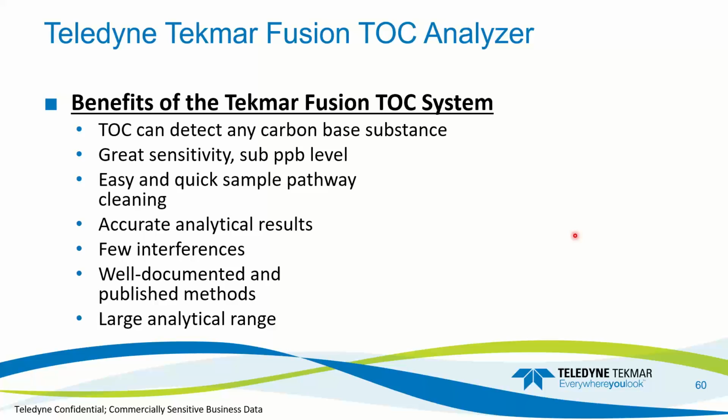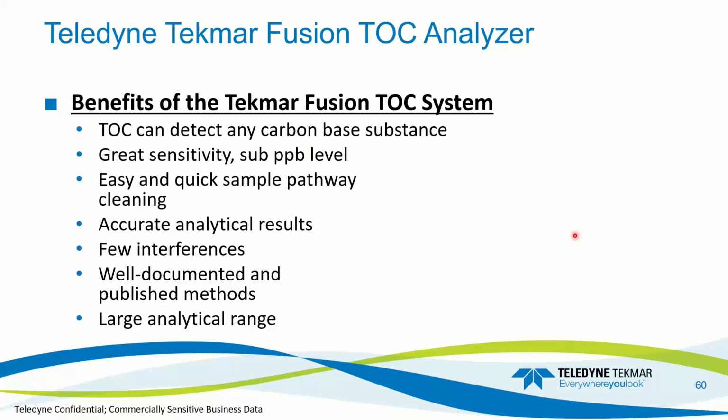Few interferences. Some other techniques out there might have interferences, might not be able to handle certain things within the process, or might have additional modules that are needed to remove IC and different things like that. So the Fusion TOC system has few to little interferences. There are well-documented and well-published methods out there, and it's also a large analytical range.